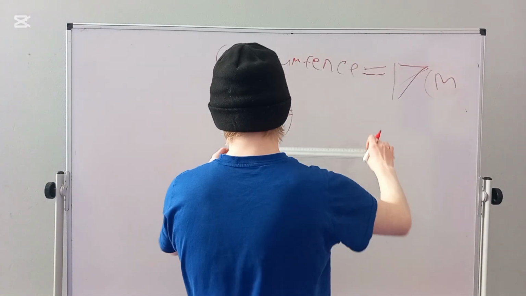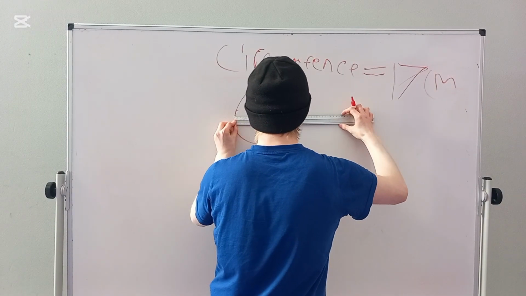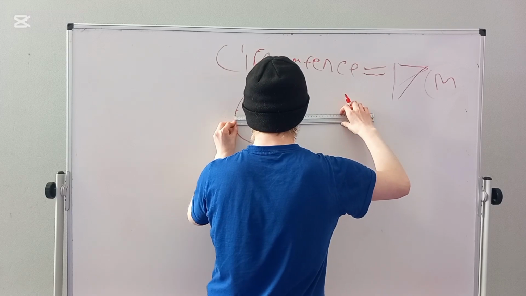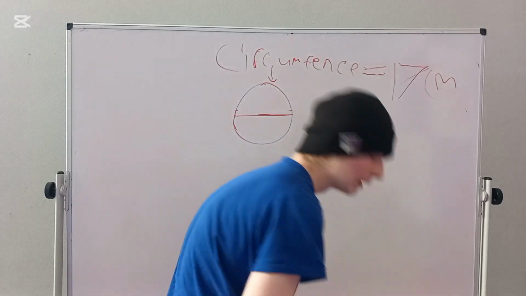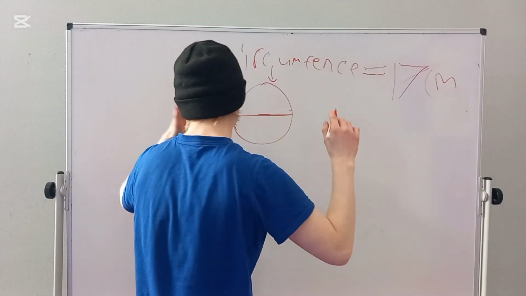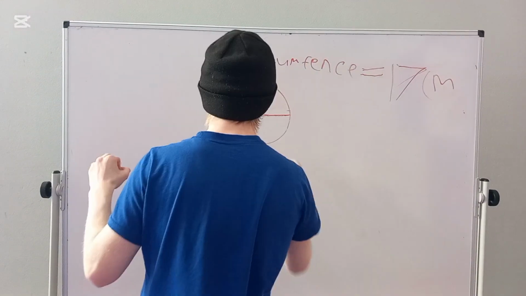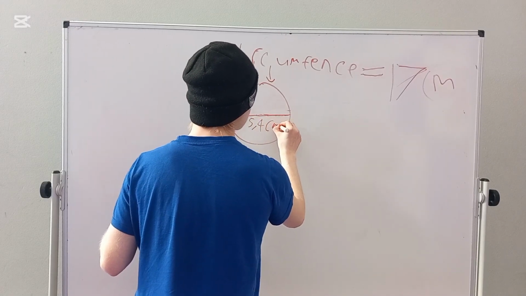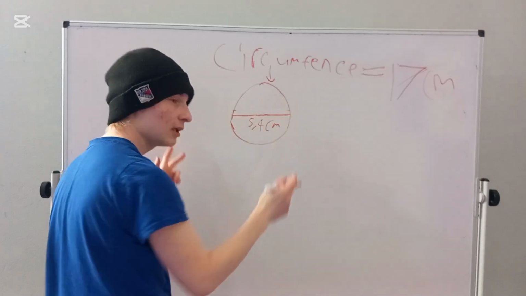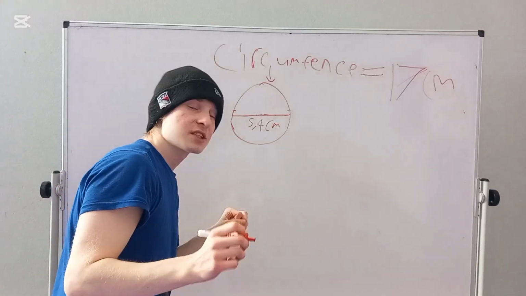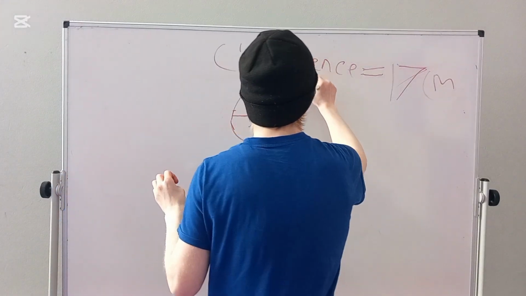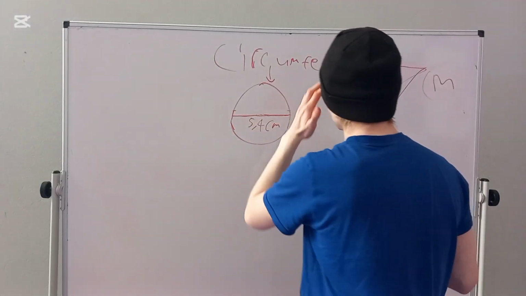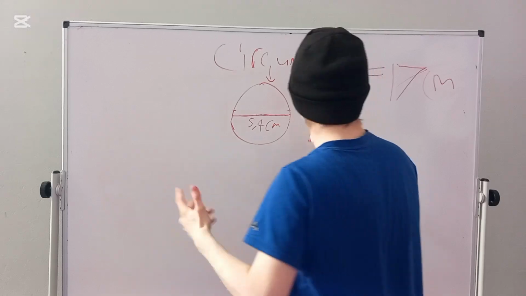And let's just say it's like 5. Let's say that this is 5.4 centimeters. Yes, I know it's not. It's clearly a lot more. It's just an example. Because this is not a perfectly drawn circle, I need to use an example.